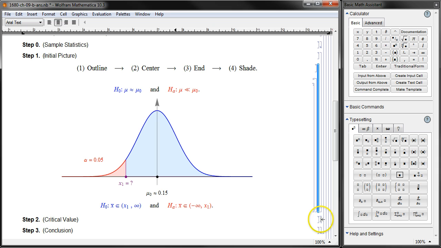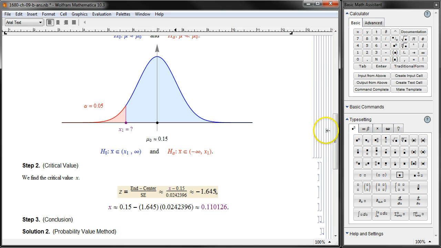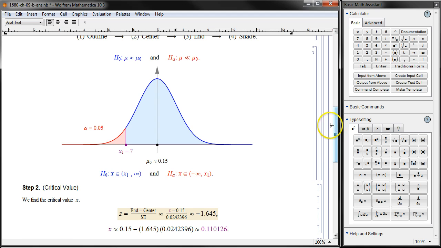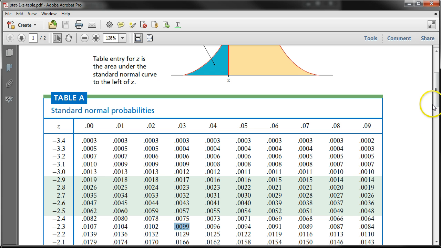So let's find out. Here's the computation. End minus center over SE is your z-score. X minus 0.15 over the SE we calculated earlier should be the z-score associated with 5%, negative 1.645. It comes from the z table here.